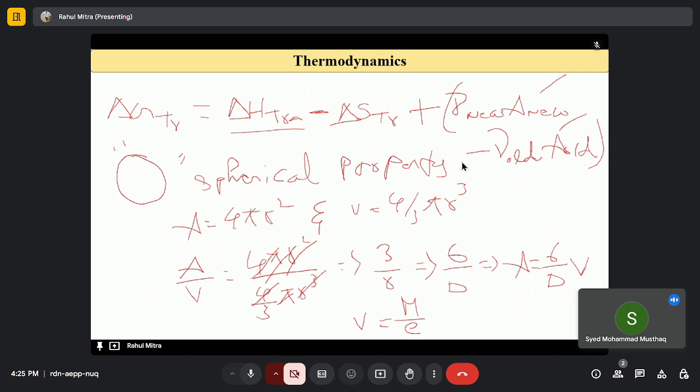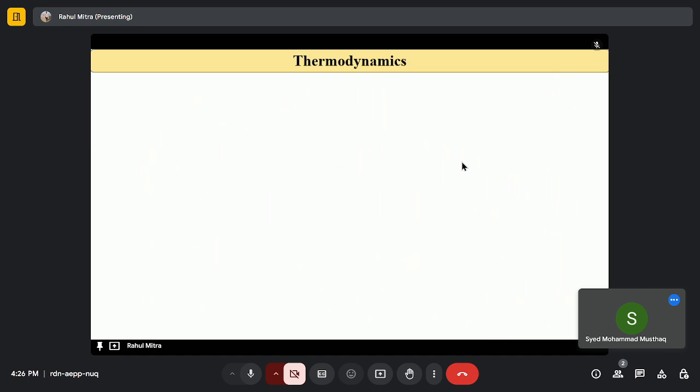If you are talking about molecular weight, then it should be the molar volume, which is molecular weight by density, so molecular weight of old by density of old.